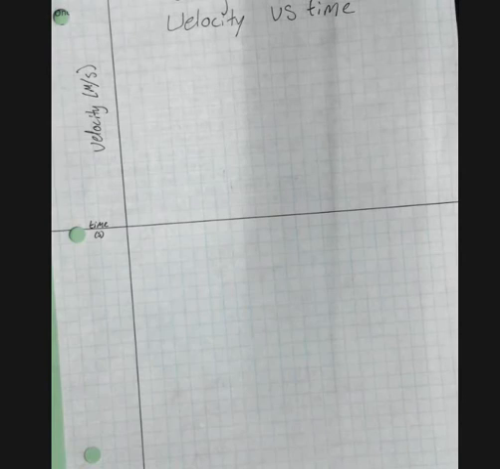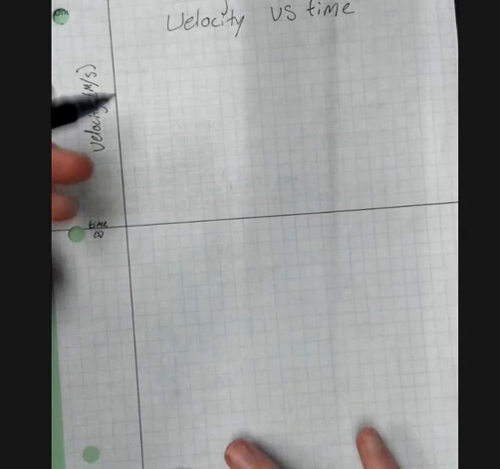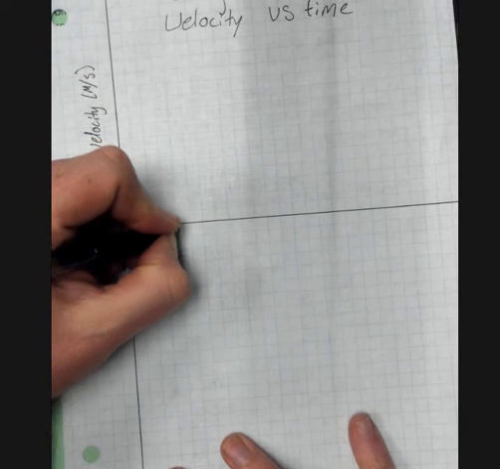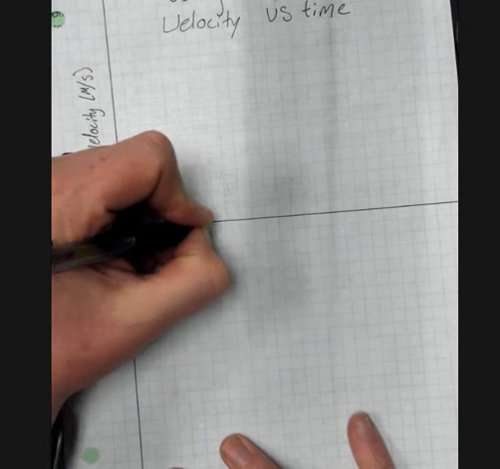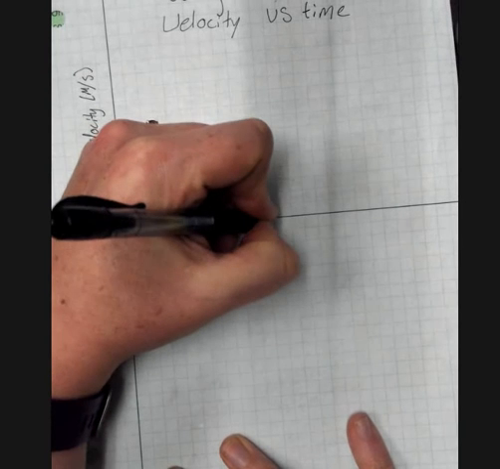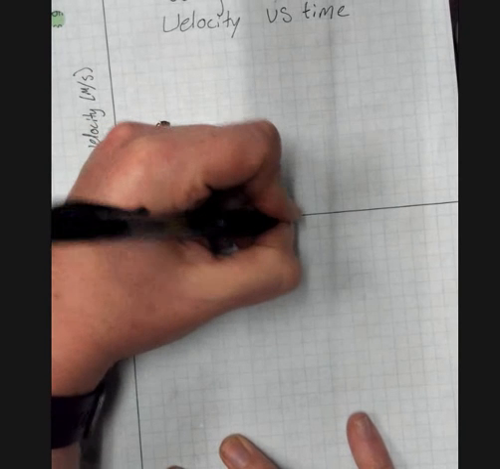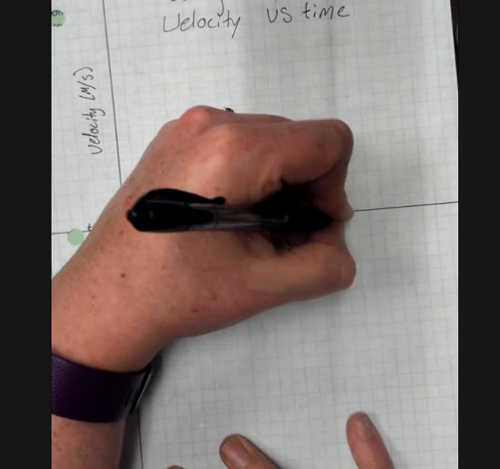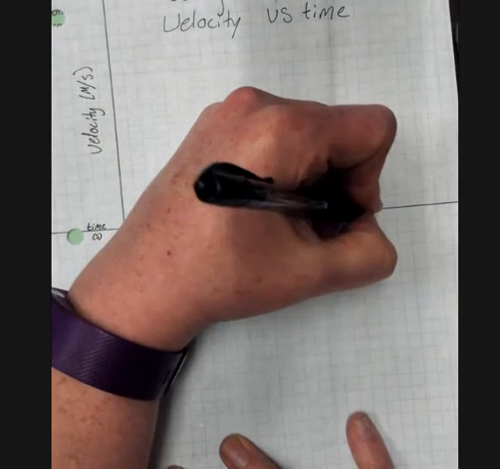So when we do our scary clown velocity versus time graph, our time is going to have the same scale. 1, 2, 3, 4, 5, 6, 7, 8, 9, 10, 11, 12, 13, 14, 15, 16, 17, 18, 19.